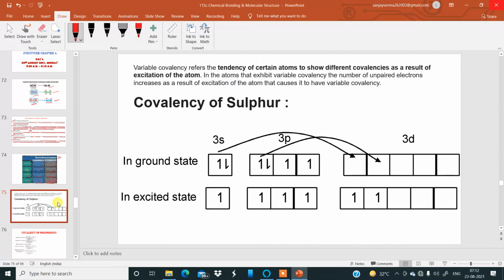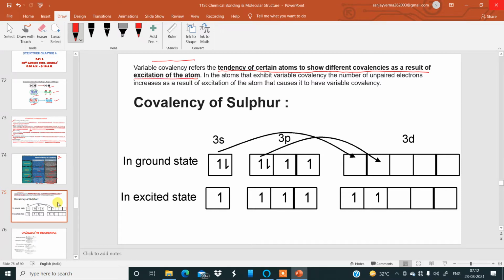Now moving to the next slide, there is a topic which is called variable covalency, which is very important in class 11. Variable covalency refers to the tendency of certain atoms to show different covalencies as a result of excitation of the atom.